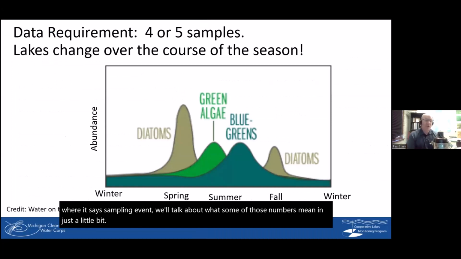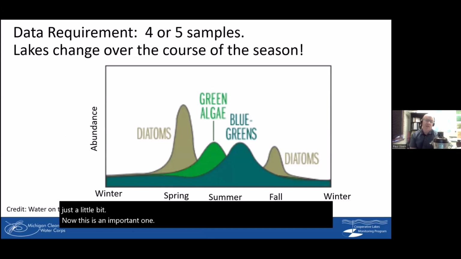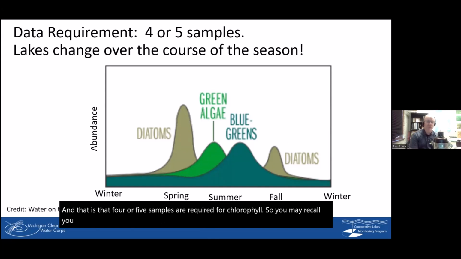Now, this is an important one, and that is that 4 or 5 samples are required for chlorophyll. So you may recall you were told earlier in the day that you need at least 8 Secchi disc measurements. So this is very similar.